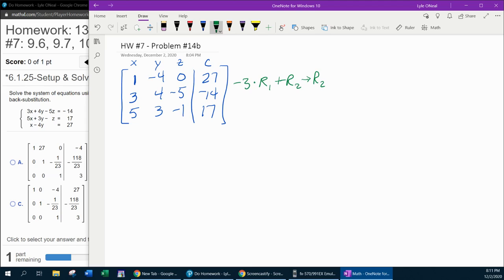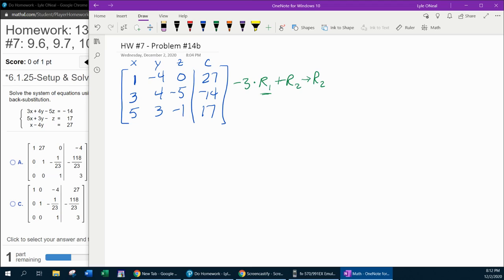Now, if you're wondering how I got that, I'm thinking, okay, what would I do to this 1 to turn it into some number that will cancel out this 3? Well, if I multiply it by negative 3, negative 3 times 1 is negative 3. And then if I add it to the 3 below it, it will make a 0.